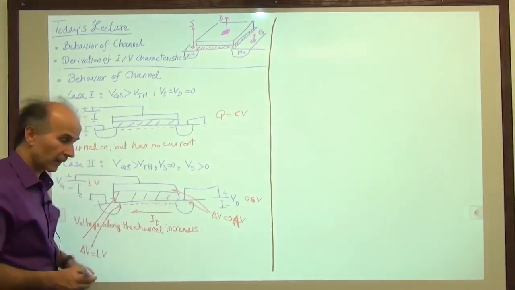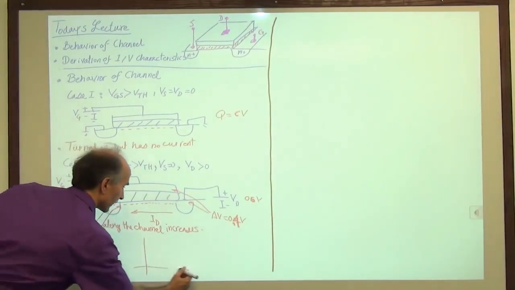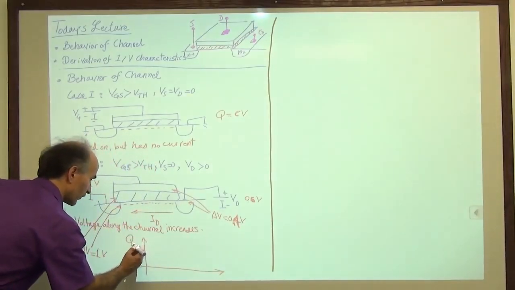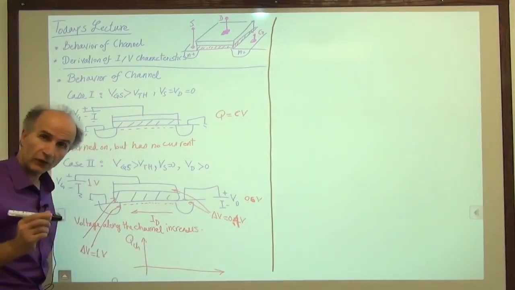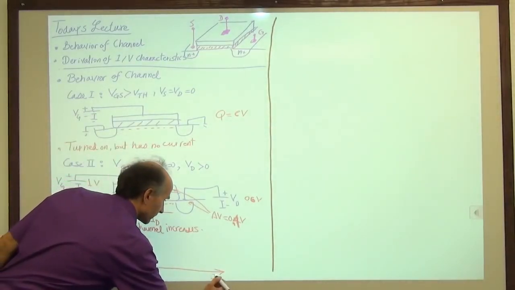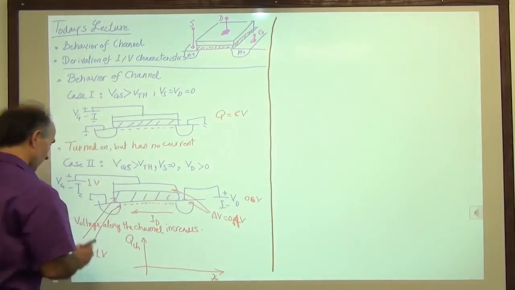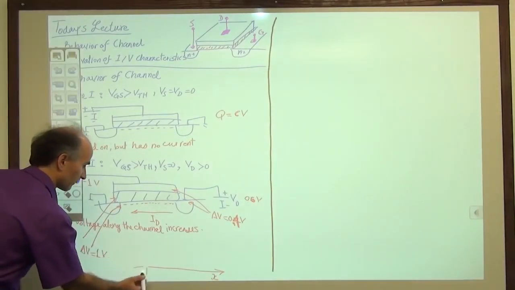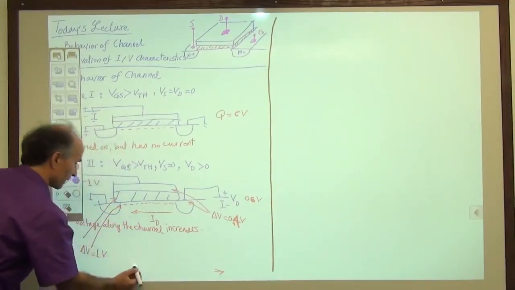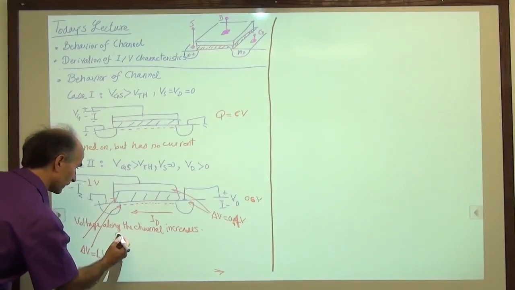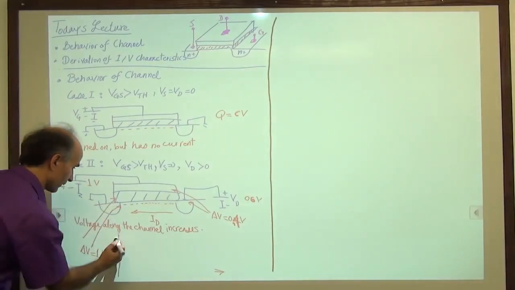So very roughly speaking, this is what we should see. Again, just qualitatively, we say Q of channel, the electron density inside the channel, as a function of X. Okay? In fact, let me try to align this with the device itself to make it nice and clear. So I start X right here at the beginning of the channel.